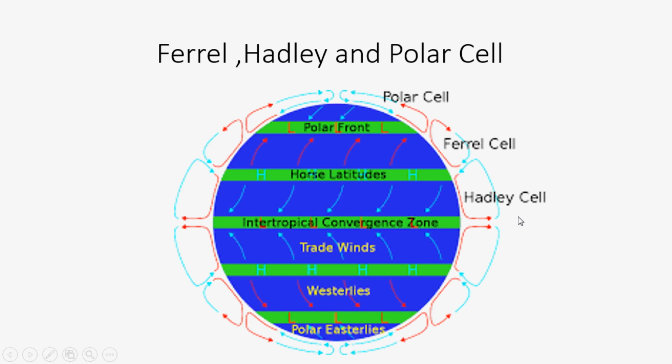Once they start moving toward the polar side, they do not descend at this particular 30 degrees because they still have some warmth in them, so they do not descend at 30 degrees north.